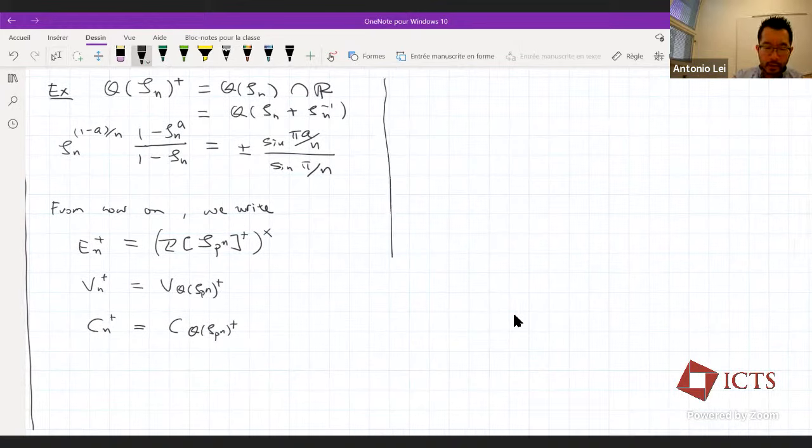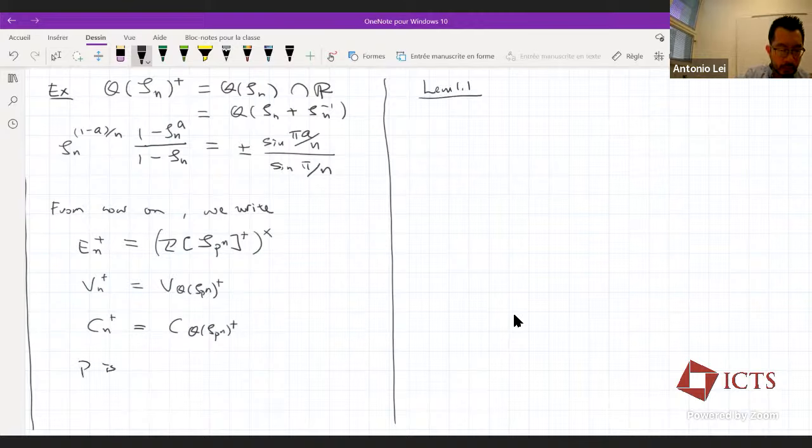So I give you some results without any proof. So here p is a fixed odd prime number.